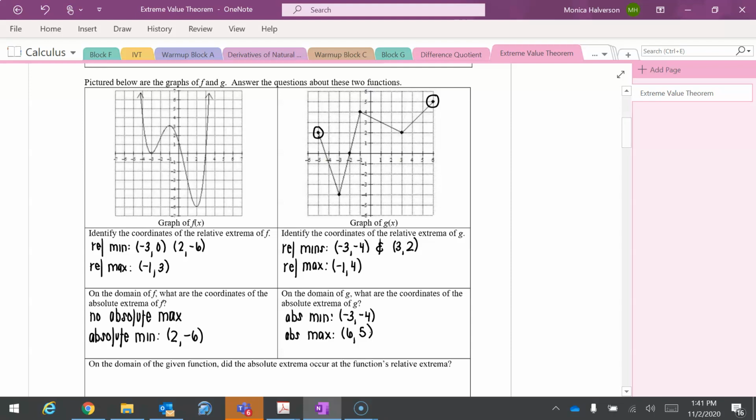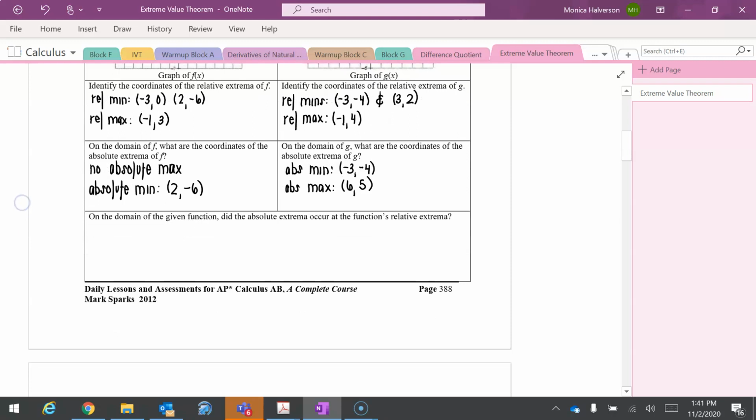So that's the major difference between relative extrema and absolute, okay? Absolute extrema do not have to occur at the relative extrema, okay?